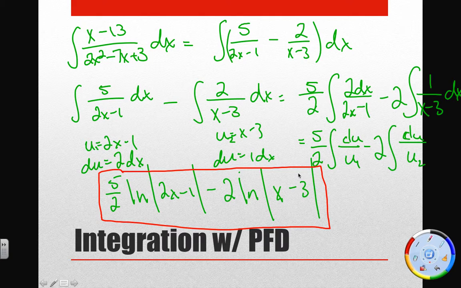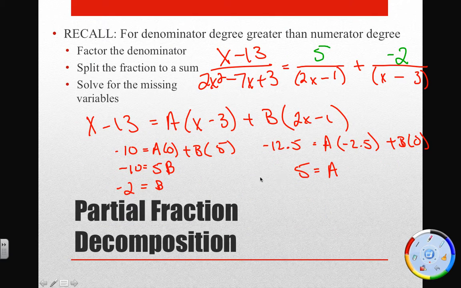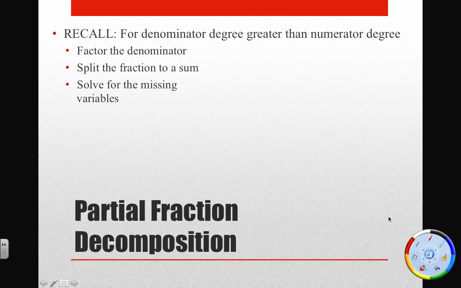Now, one thing I do have to mention, because I think you're going to forget, is if we go back to here, notice how I said this is for denominators whose degree is greater than the numerator. So what if I didn't have that?